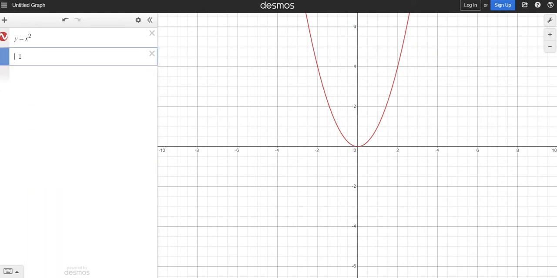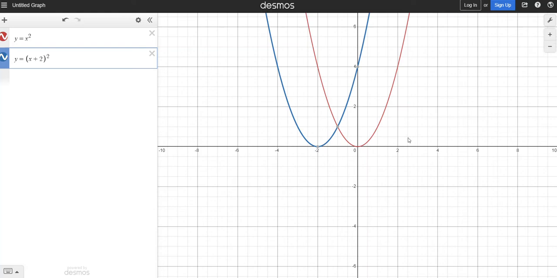So there's my parent function, y equals x squared again. And let's see, the first one on my list was x plus h. So let's do x plus 2 squared. If you look at that graph, how is it related to the original red parent function?